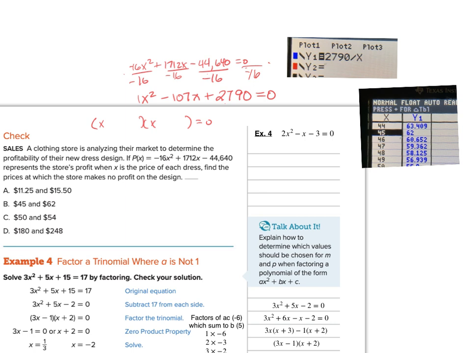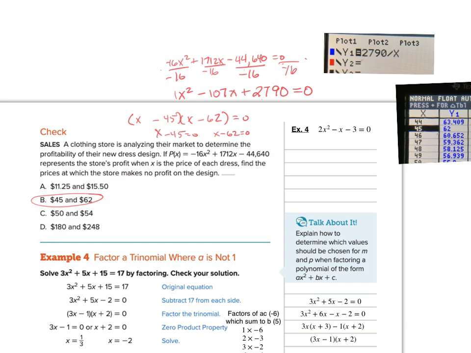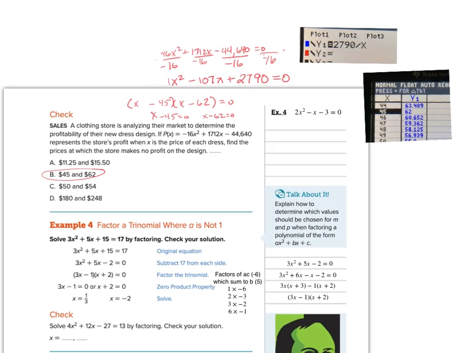What you can do is take whatever that C value is, divided by X, look at your tables, and then you can find what your factors are. So I know that 45 and 62 are my factors, so of course negative 45, negative 62, and then x minus 45 is equal to 0, x minus 62 is equal to 0. We know that, then there's my solution. Okay, that's what we're looking at here.